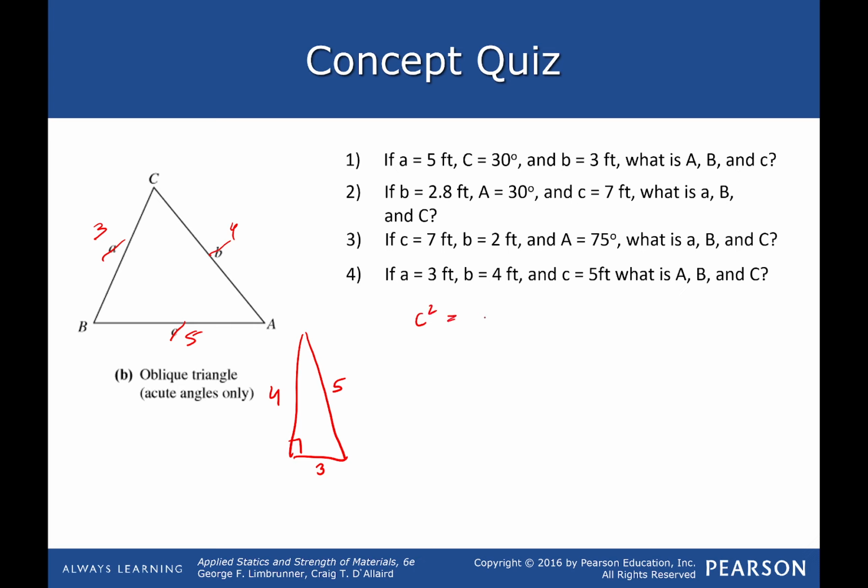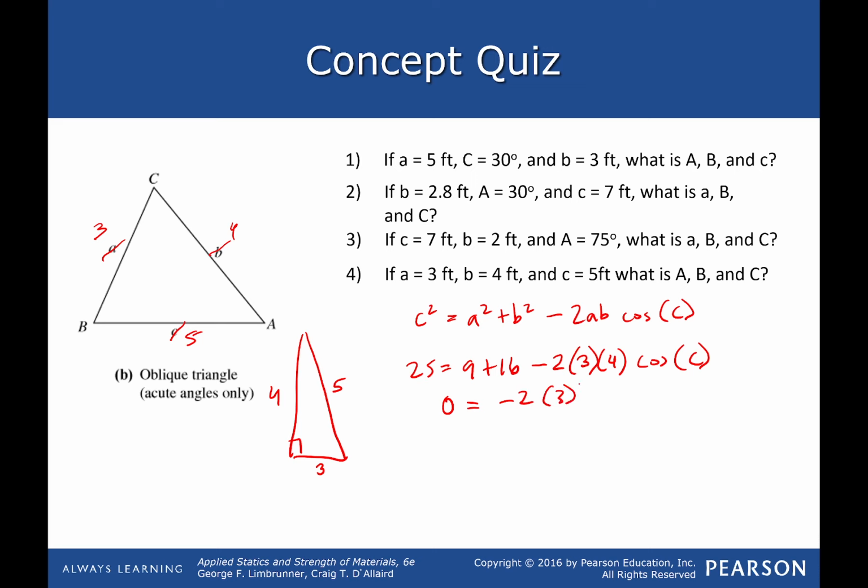So what do we have here? Well, we have C squared is equal to A squared plus B squared minus 2AB cosine of C. 25 is equal to A squared plus B squared, which is 9 plus 16, minus 2 times 3 times 4 cosine of C. Well, what you get then is that 25 minus 25 is 0, so 0 is equal to negative 2 times 3 times 4 cosine of C. I'm going to divide both sides by this value, and I just get that cosine of C is equal to 0.